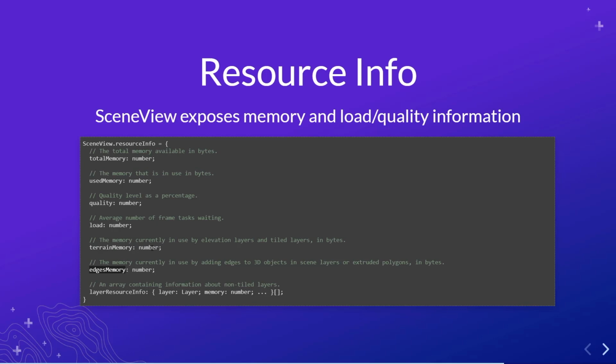This one tries to account for the amount of memory that we think we're using to show you sketched edges or highlighted edges as available through the edges renderer in the scene layer. And then for each layer that we have loaded, we will show you certain information like which layer it is and the amount of memory that this current layer is using.